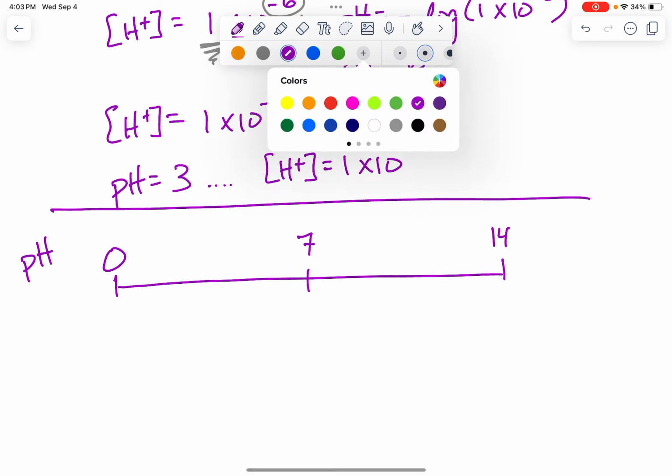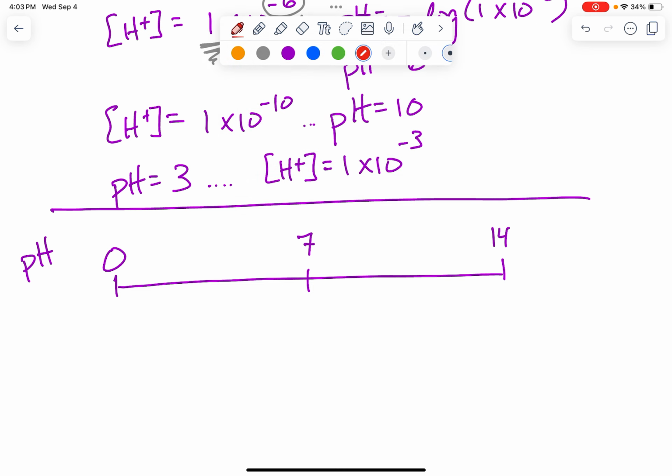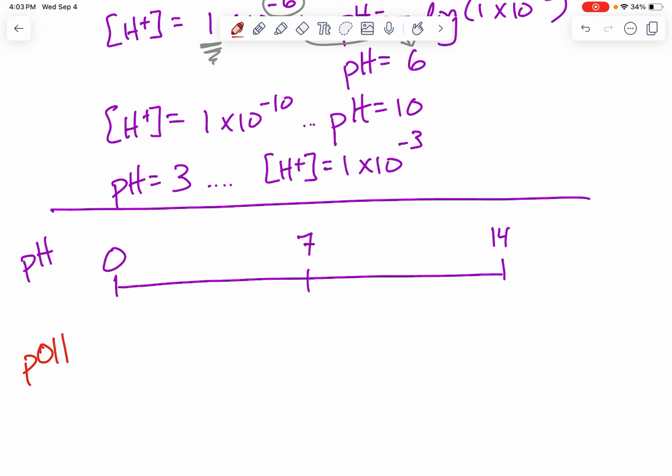There's also something called the pOH scale, which represents how basic something is. And so the pOH scale is sort of opposite. Your first value on the left is 14, and then it goes to 0. And I'll draw the number 7 in the middle again.